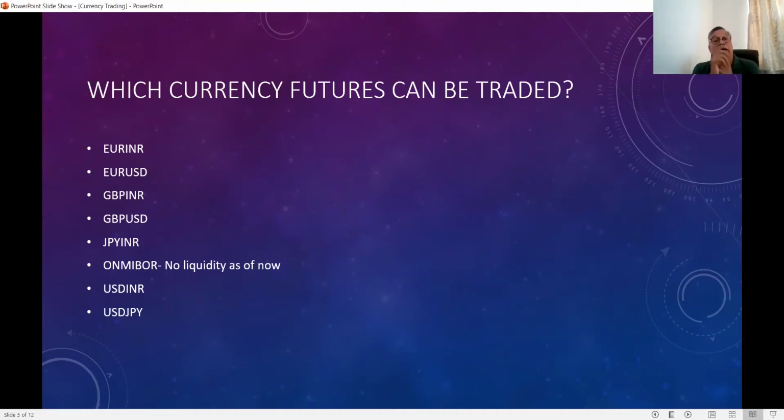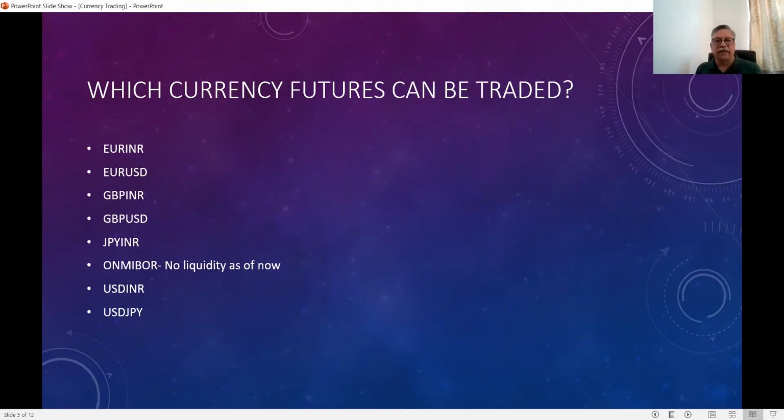But naturally, those which are against the rupee are the most liquid. Now, Euro USD directly, you will find in a day 600, 700 lots are traded. So instead of going for that, I would say if you go for Euro INR and USD INR, you can create the pairs which are called synthetics.